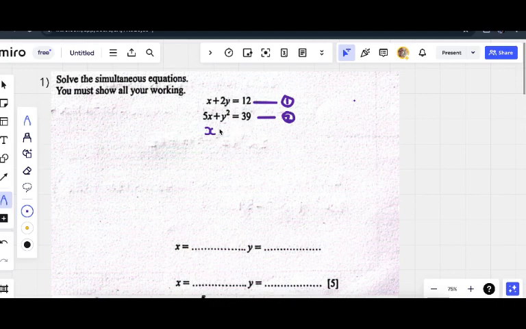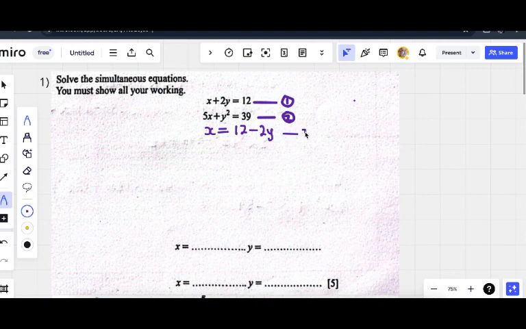So I'll have x equal to 12 minus 2y. So the 2y on the left, we bring it to the right, it becomes minus. It was plus 2y on the left. So when it comes to the right, it becomes minus 2y. So we call this equation 3.